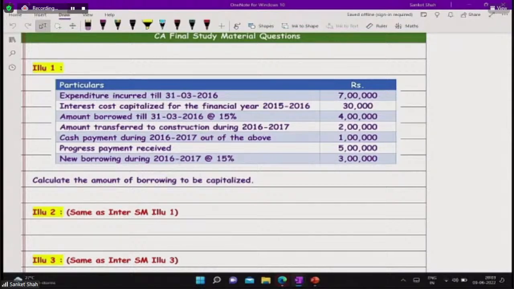Okay, let's solve this question. चलो जल्दी से सॉल्व करते हैं.